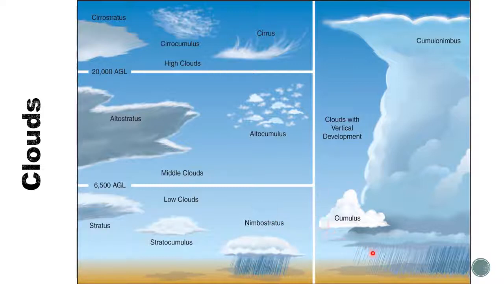These over here can mean that a cold front is approaching. So first you'll see your little cumulus clouds, and if there's enough instability in the atmosphere, it'll continue to grow into our cumulonimbus, our anvil-shaped cloud that produces our thunderstorms.